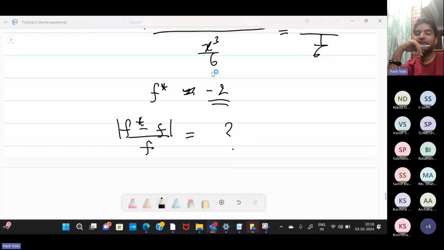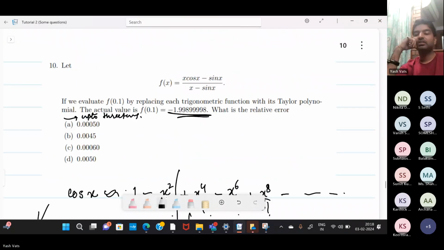Have you found out this value? Sir, can you please show the actual value of f? Okay, maybe.